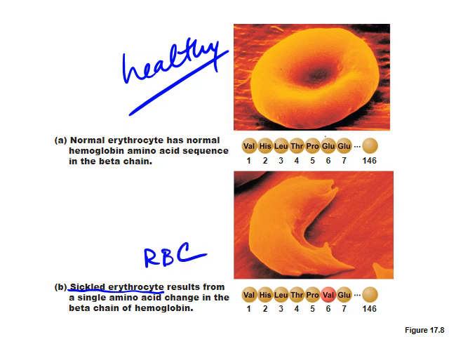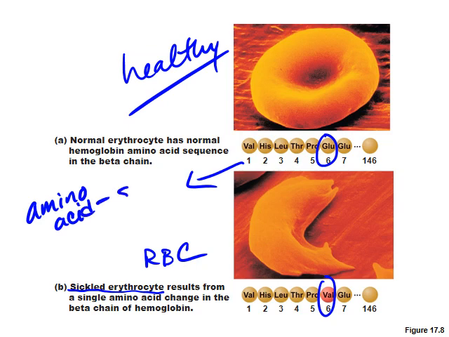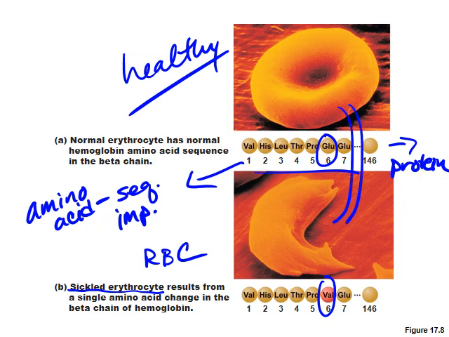And what's interesting to note is all we did was change one of the amino acids. Remember, amino acids in a chain, the sequence is important. The sequence tells you what the protein is going to look like or behave like. So all we did was change one of the amino acids, and we have a vastly different structure in our red blood cells. This red blood cell is not able to carry as much oxygen.